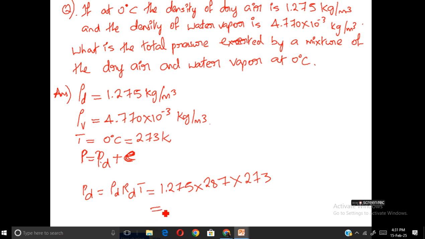So what will be the pressure exerted by dry air? Can you calculate and tell me? 1.275 into 287 into 273.